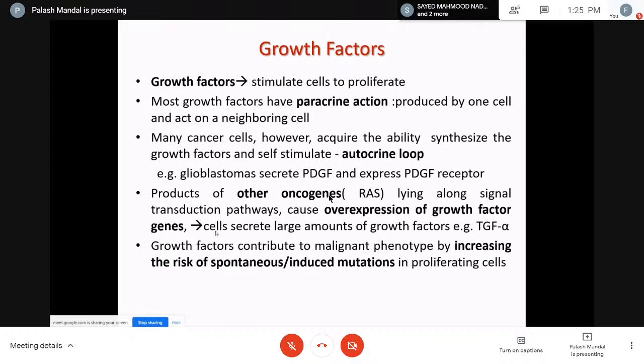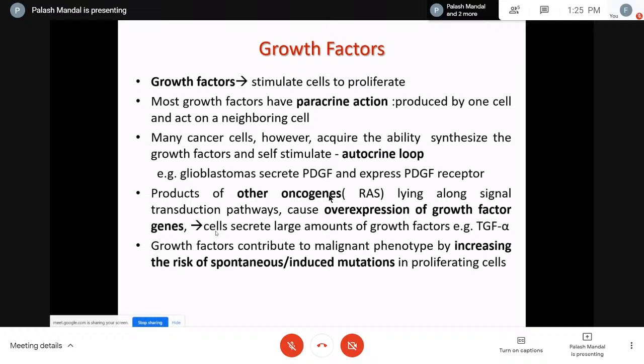Similarly, if you have PDGF, that is platelet derived growth factor, it will attach to platelet derived growth factor receptor. So each growth factor will have a specific receptor, then only it can act. That is the first primary thing you have to understand. Okay, so a PDGF cannot act on EGFR. Understand? So a cross reaction cannot happen. It has to be very specific.